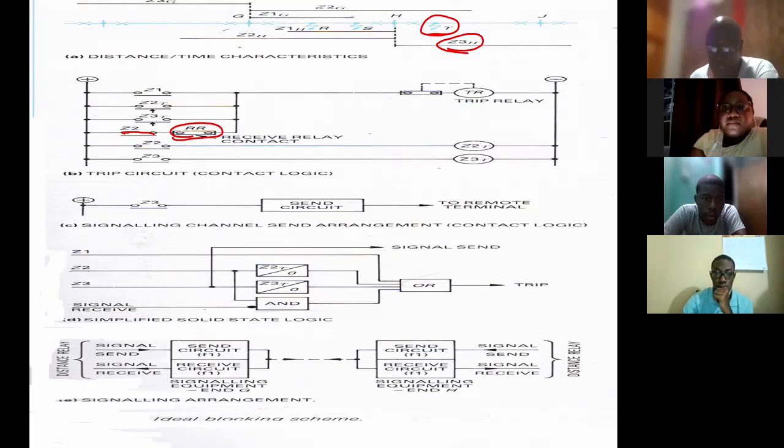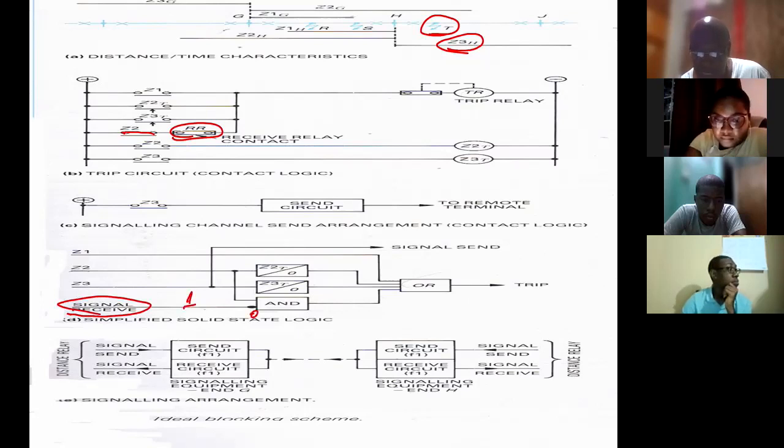So look at the receive relay. Here's the receive relay. So it would have received, so you'd have 1. So the input to the AND gate would be 0. So the output here would be 0.